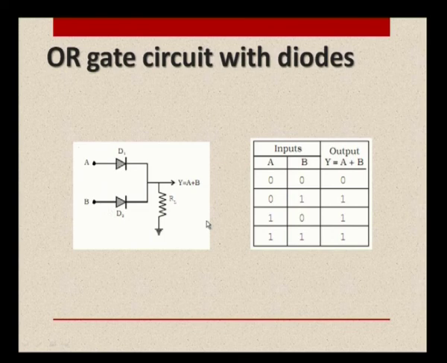So, we are using only the diodes in the forward and reverse biased conditions for designing the OR gate. The concept that we have to keep in mind here is the forward and reverse bias conditions of the diode; the two diodes used here make it work as an OR gate.